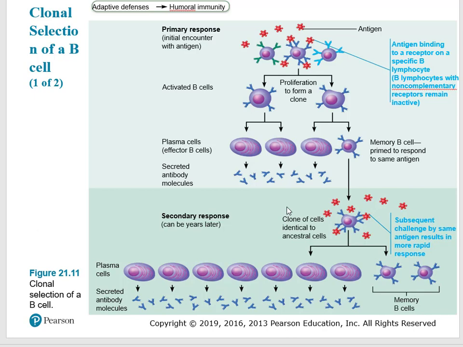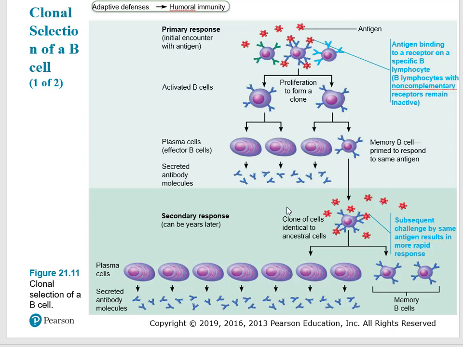So what you're seeing over here is the primary and secondary response. Primary response is when a body is exposed to antigen for the first time. So what we're seeing with COVID, because it's a novel virus, a new virus, we're seeing primary response in all of the people after they get infected.